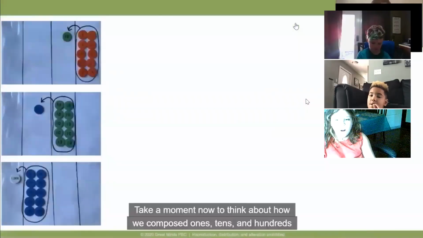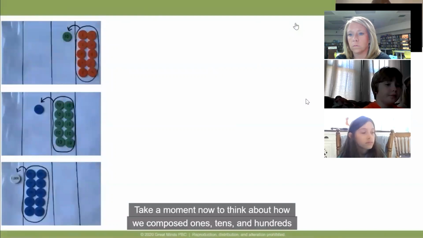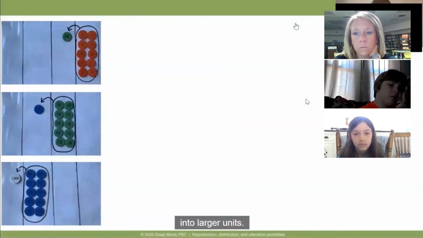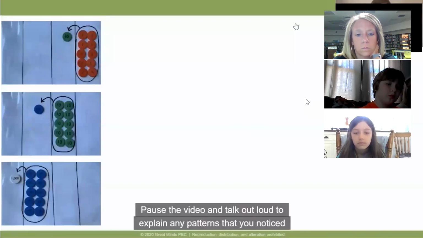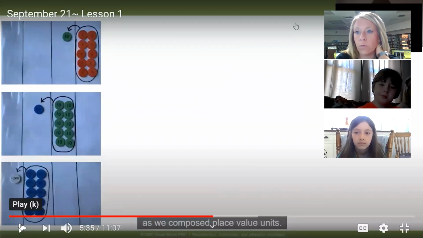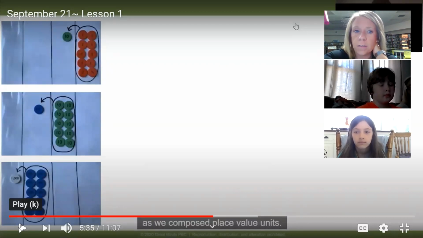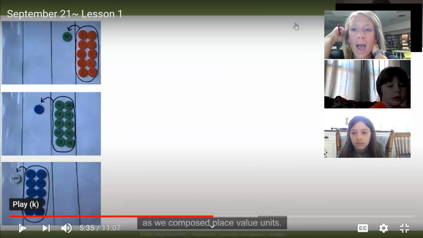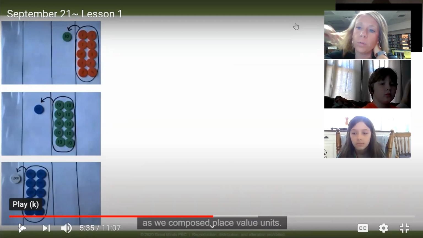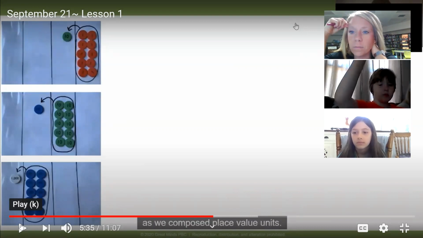Take a moment now to think about how we composed ones, tens, and hundreds into larger units. Pause the video and talk out loud to explain any patterns that you noticed as we composed place value units. Okay, folks, so as we moved from ones to tens, tens to hundreds, and hundreds to thousands, what pattern did you notice? What did we multiply by for every single place value as we moved to the left?